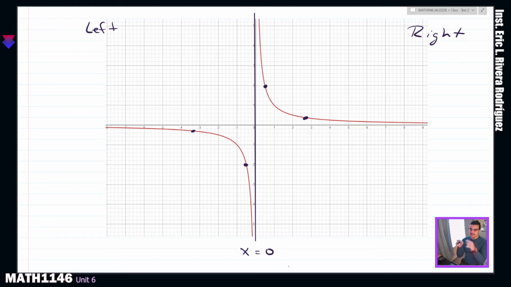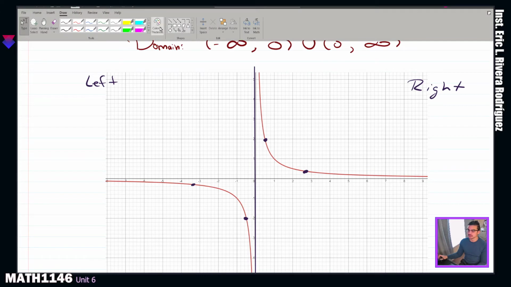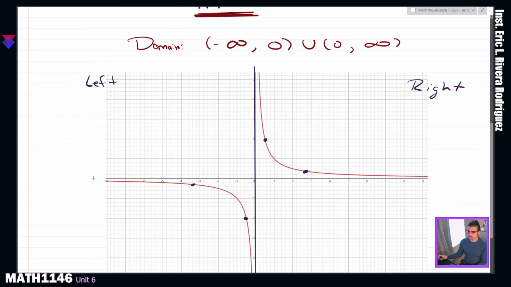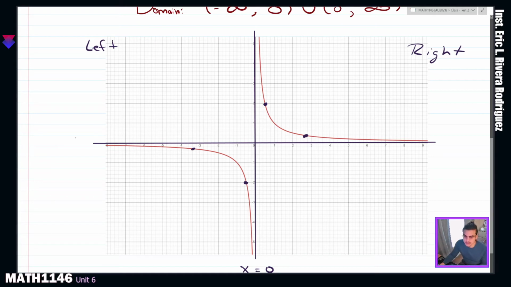This one has a horizontal asymptote, and because these are lines, we need an equation to represent the asymptote. So the horizontal asymptote here is y equals 0, and the vertical asymptote equation is x equals 0.